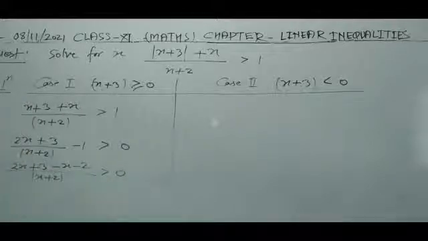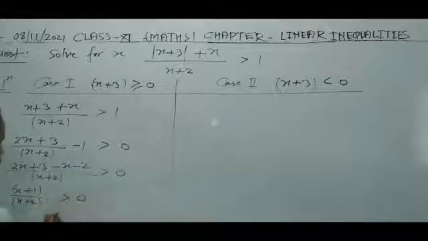When you simplify, you get (x + 1) upon (x + 2). So this expression we can write as (x + 1) upon (x + 2) greater than 0.